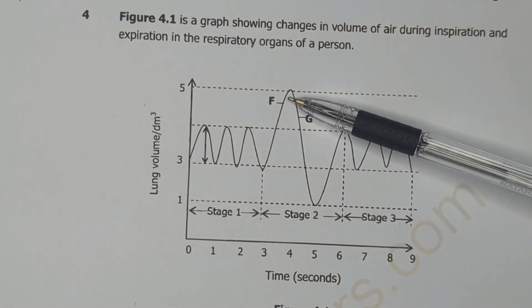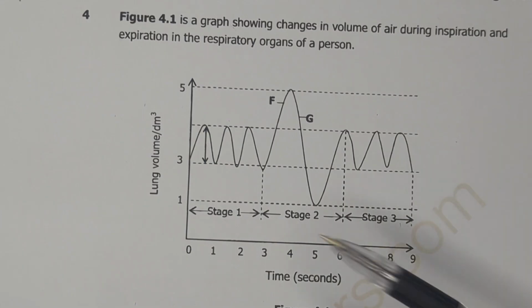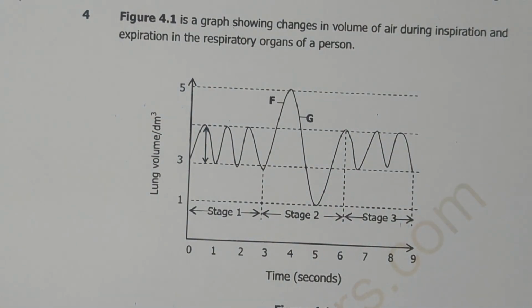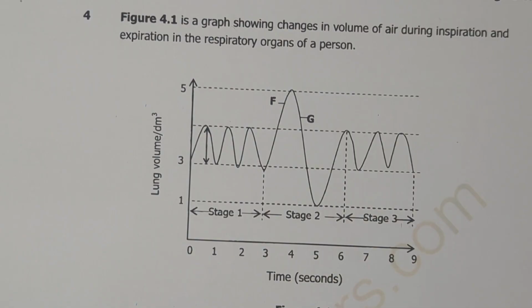as it is rising here, it is showing that the volume is also increasing. So when the volume is increasing, it means that the air is entering the lungs. So when the air enters the lungs, the volume will increase.